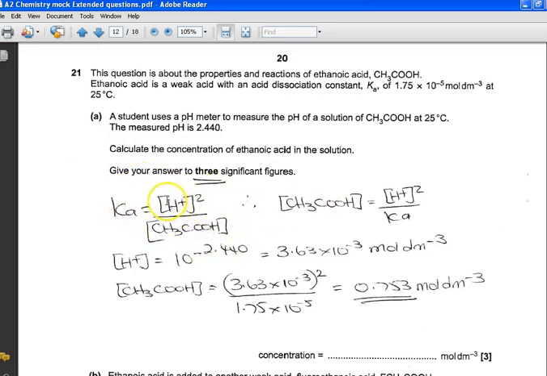Don't forget that our H+ and our conjugate base should be the same concentration, so we just shorten it by squaring H+ here. Once we know H+ from this calculation, we put that in, rearrange that for CH3COOH, because that's what we're looking for, the concentration of ethanoic acid. We're given Ka, there you go, put the numbers in, and there's your answer.